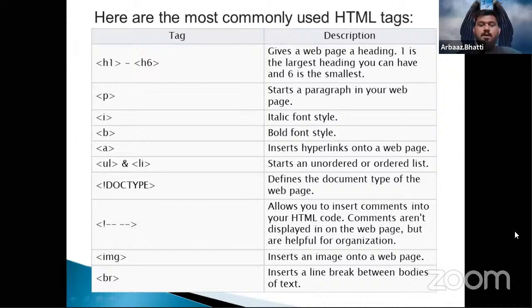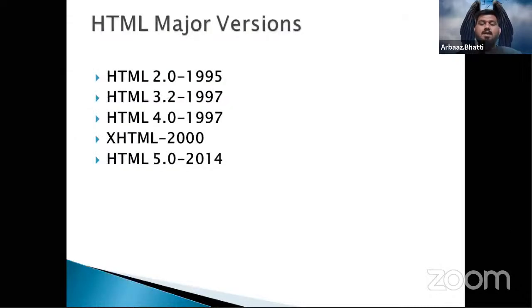Okay, so moving next, the HTML major versions. From the start up till now, we have 5 versions. First of all, the first version was HTML 2.0, which was published in 1995. It was the first HTML version developed by the developers, and it was used for designing web pages.